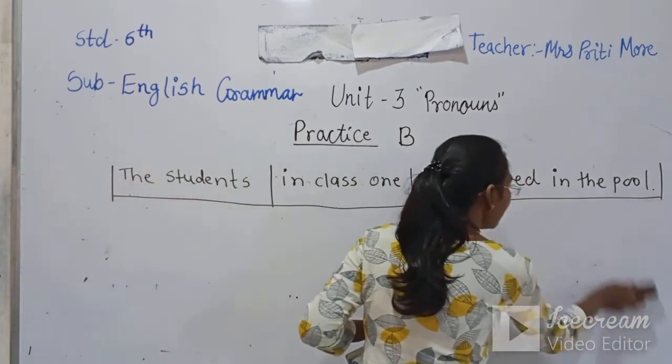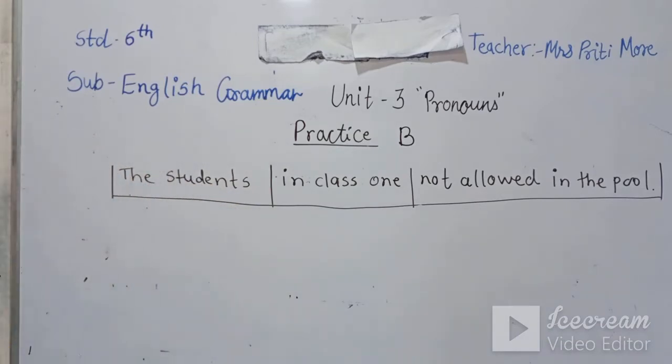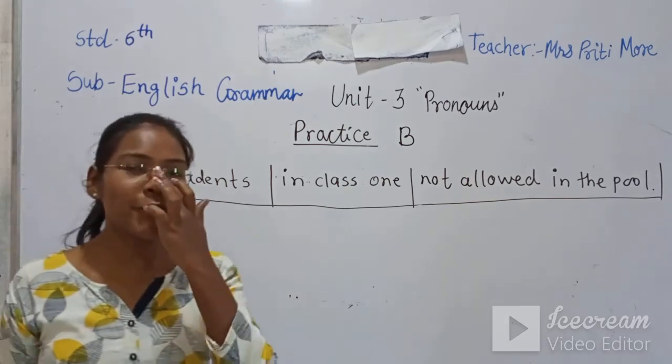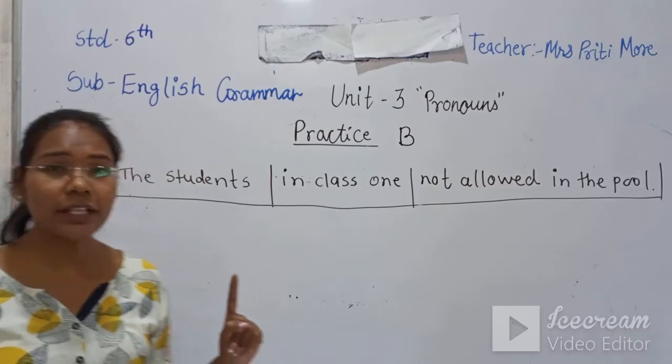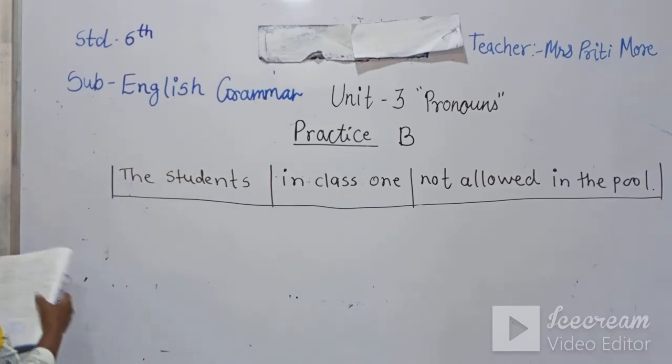Now we have to make a sentence from this. The student. First we see the student. Student means human being, and for human being, what do we use? We use the relative pronoun who.